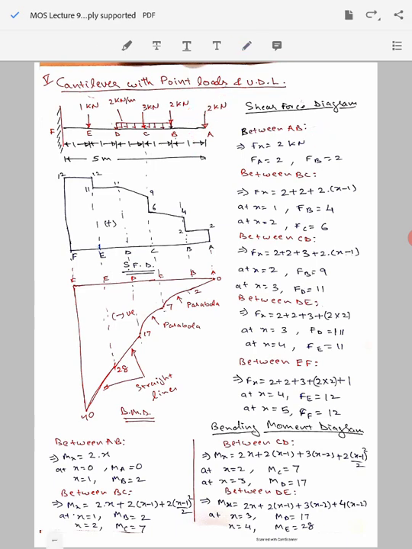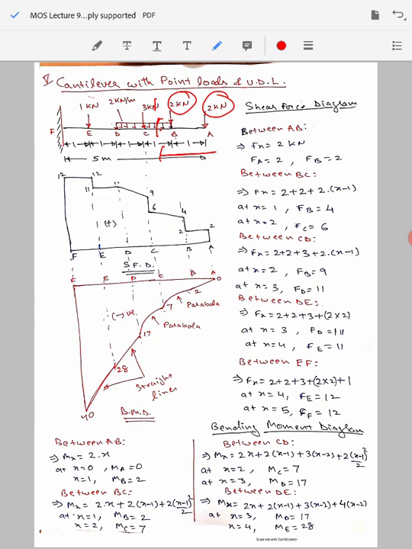Now let's go ahead and consider the section BC. So if we assume the beam to be cut somewhere between point B and point C, arbitrarily somewhere here, and we draw the free body diagram for the remaining portion of the beam, that means from point A to this point where the beam is assumed to be cut, we see that there are 2 point loads, one of 2 kilonewton and the other also of 2 kilonewton, and they are acting.